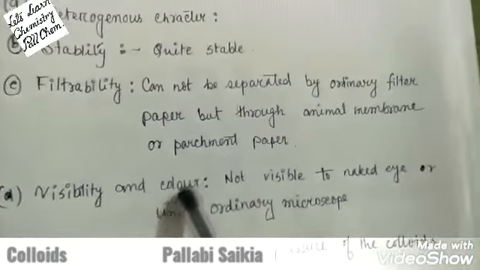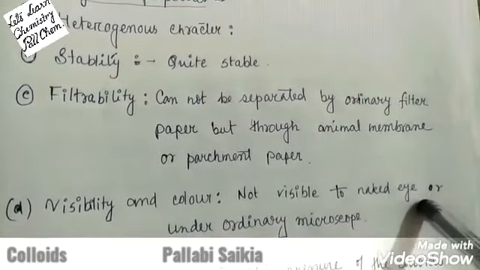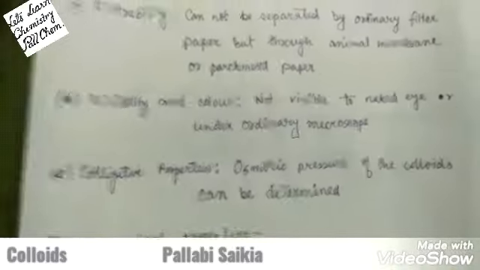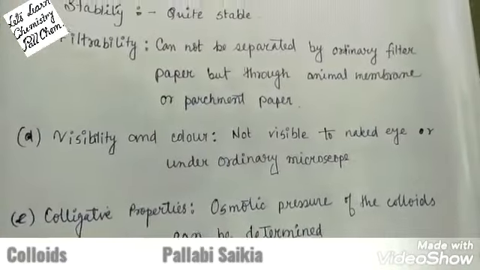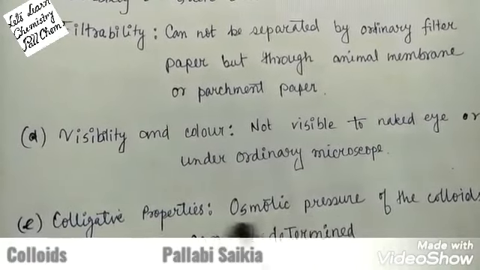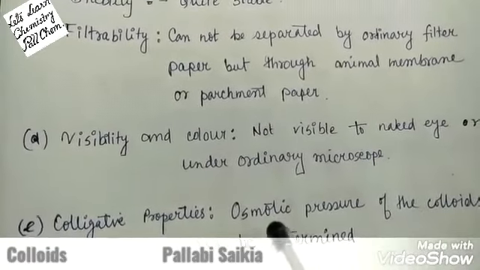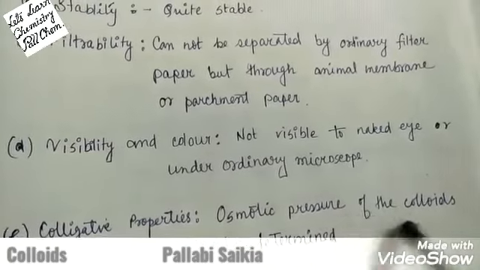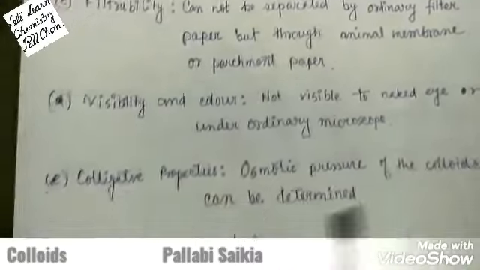Next, they are not visible to the naked eye or under an ordinary microscope. And they show only one colligative property, that is osmotic pressure determination. So osmotic pressure of the colloids can be determined.